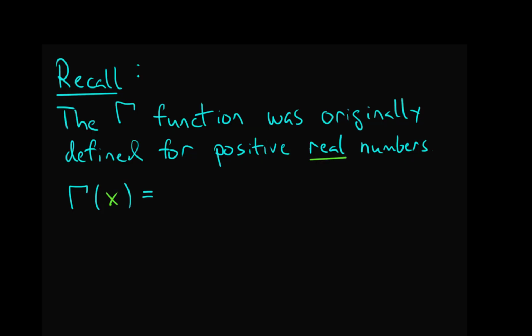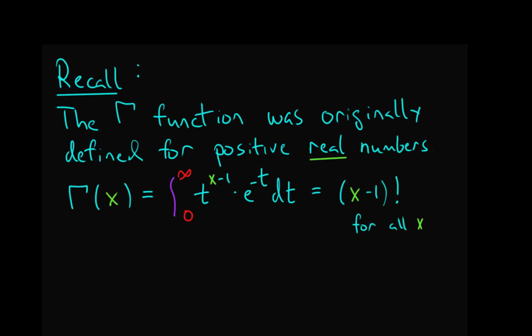And we wrote that gamma of x, where x is a positive real number, equals the real integral from infinity to 0 of the function t to the x minus 1 times e to the negative t dt. And that equals x minus 1 factorial wherever x is a positive integer. And the expression is also valid for all positive x, so it extends the factorial to the positive real line.